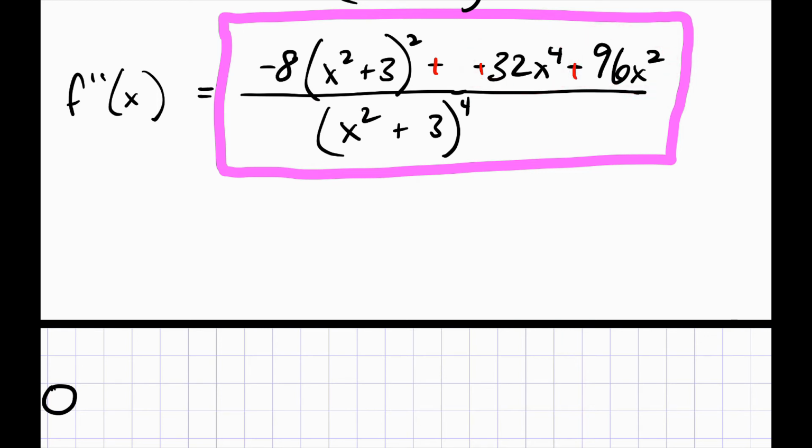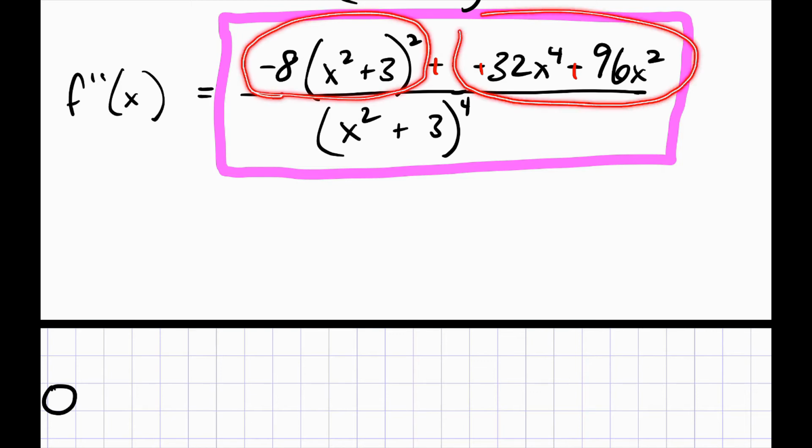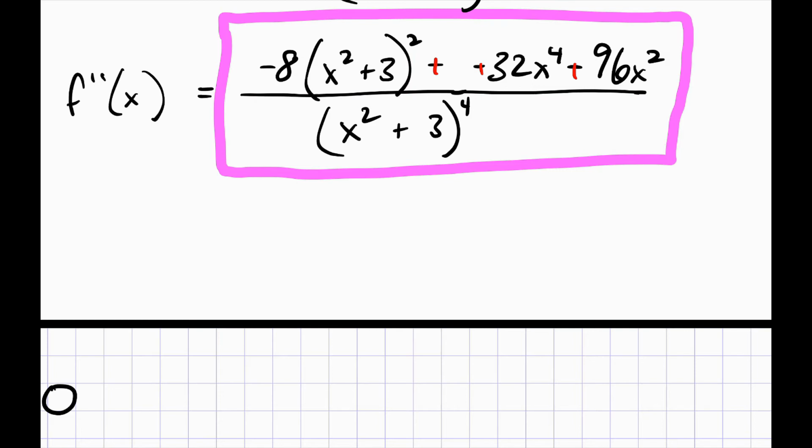Which side is going to be bigger? The left side over here, or when I plug in -2 over here? Because over here it's going to be a positive number, right? -2 squared is 4. -2 to the 4th is 16.